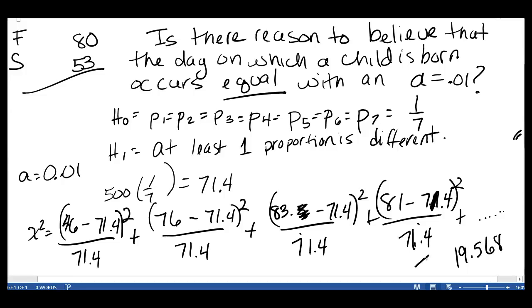If you look on the chart and find your critical value for chi-squared at alpha equals 0.01 with 6 degrees of freedom, your chi-squared critical value is 16.812. And now what we simply do is compare our test statistic with our critical value.